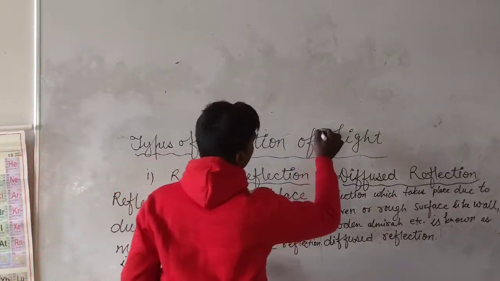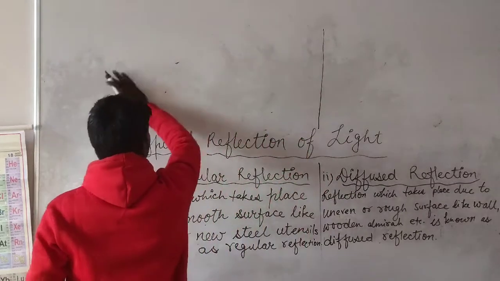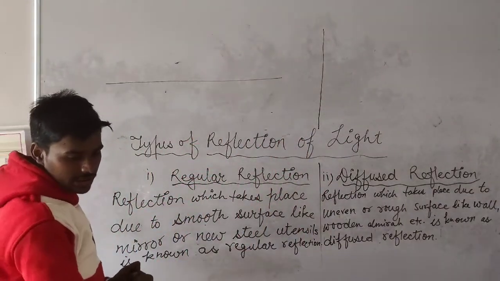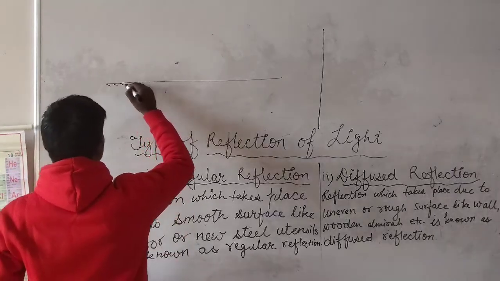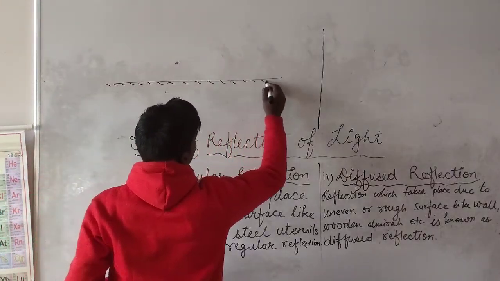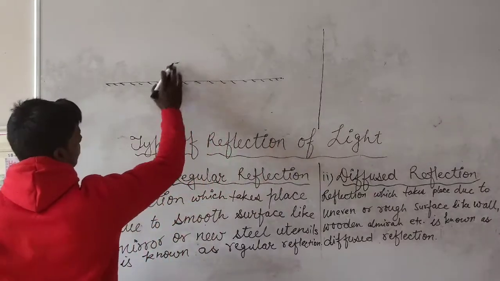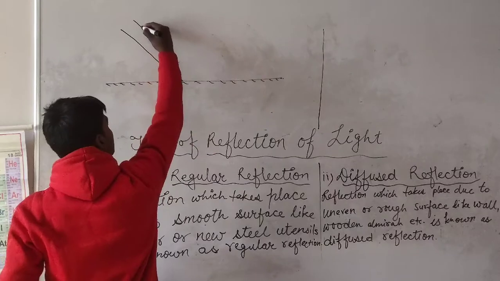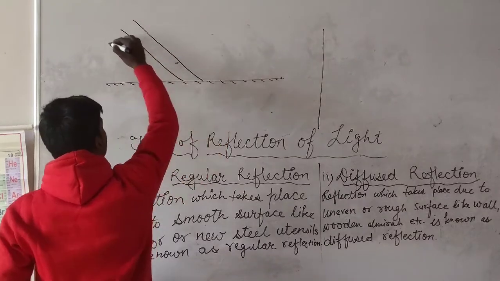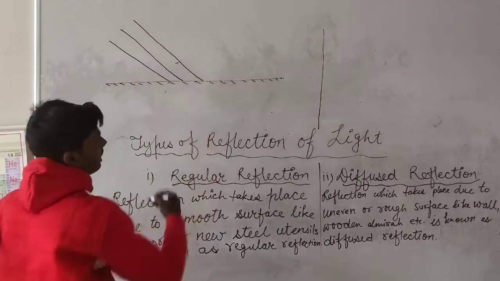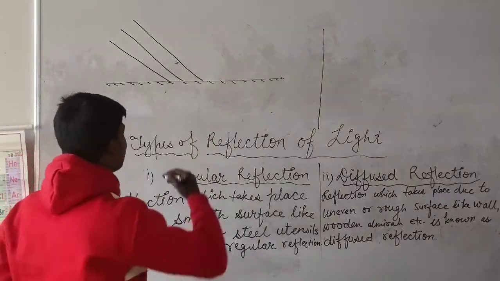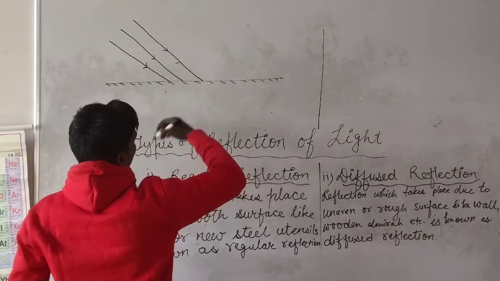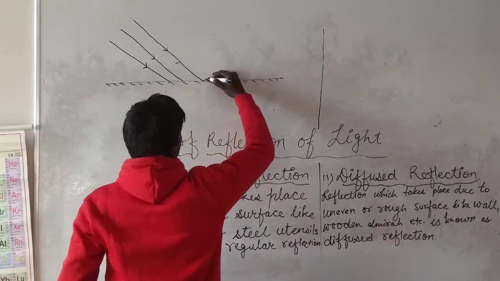Let me draw the diagram of regular reflection. Let's say this is a smooth surface. This upper part is totally smooth. Let's say three incident rays are coming, incident rays A, B, C. They will return.